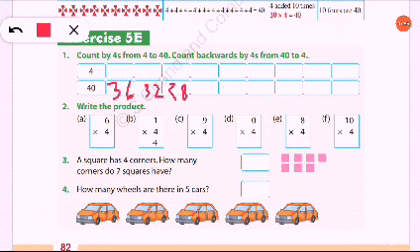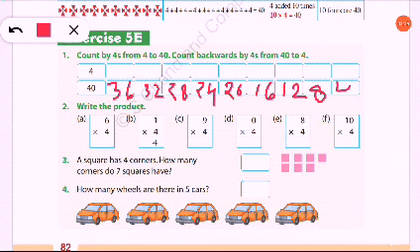Just do it very properly, don't forget any number. 4 6s are 24, 4 5s are 20, 4 4s are 16, 4 3s are 12, 4 2s are 8 and 4 1s are 4.